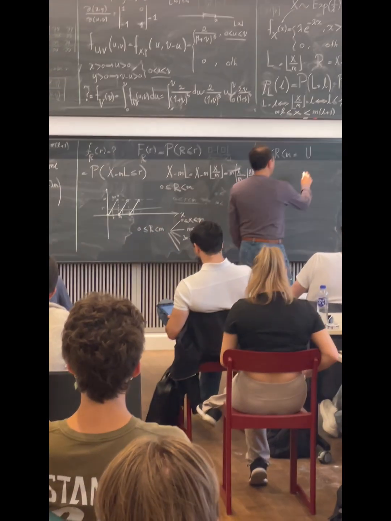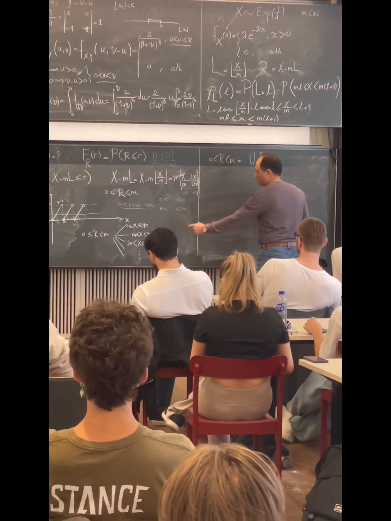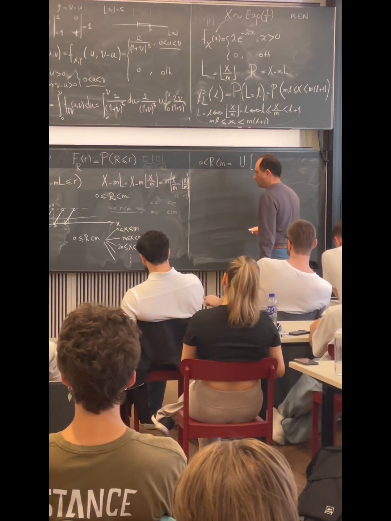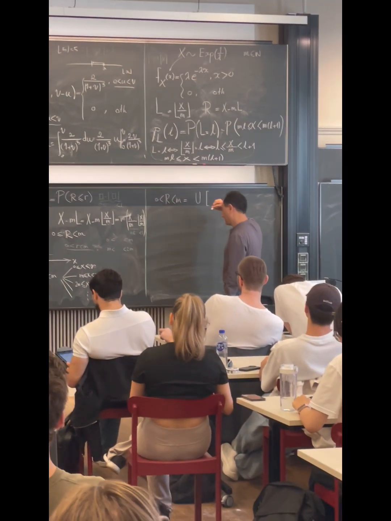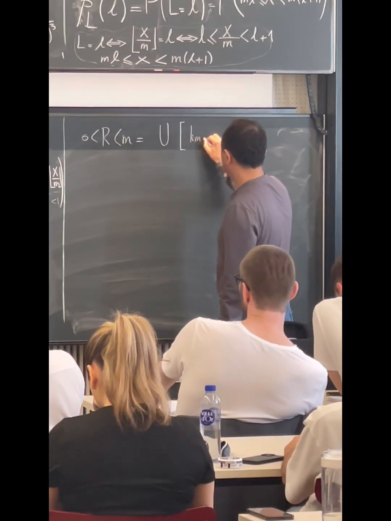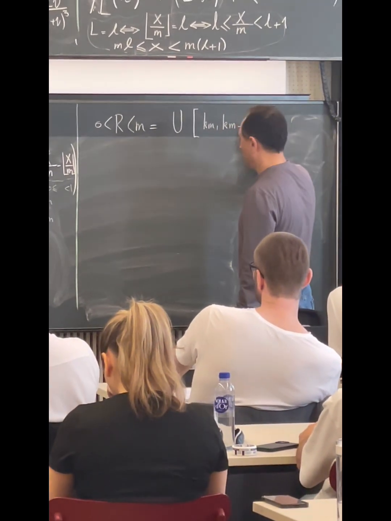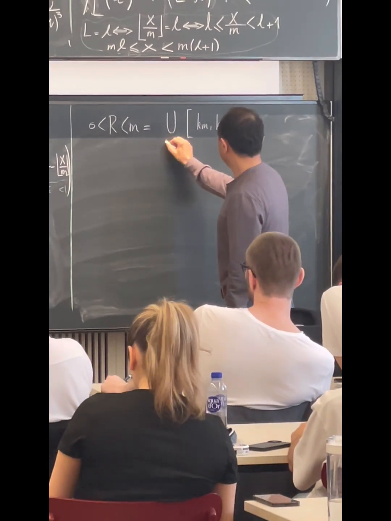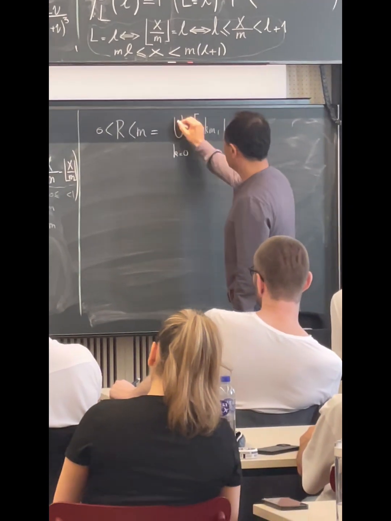So I have to write intervals of this type. How can I write the general intervals? I would write it as kn to kn plus r, but I union them when k goes from 0 to infinity.